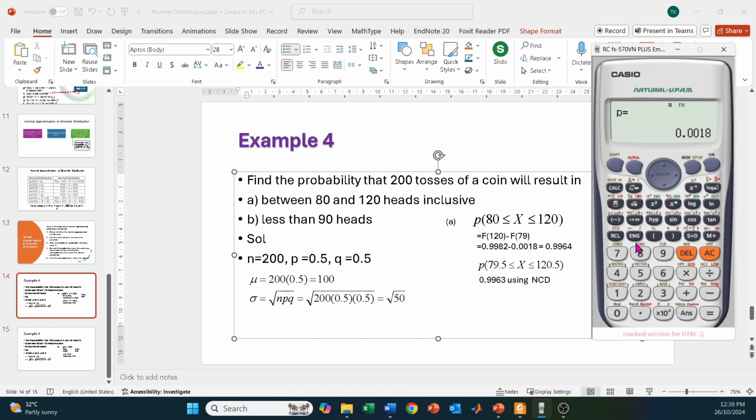On the classic one, you press RCL and then this button, then call back alpha A, and minus alpha A. But here I cannot keep it in the distribution menu, so I can only jot down 0.9982 and subtract the answer, getting 0.9964.